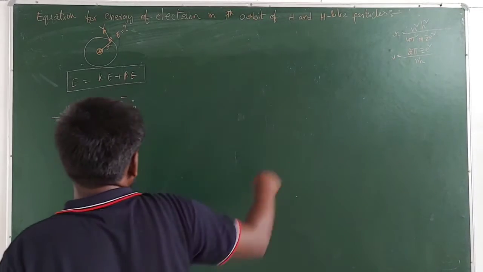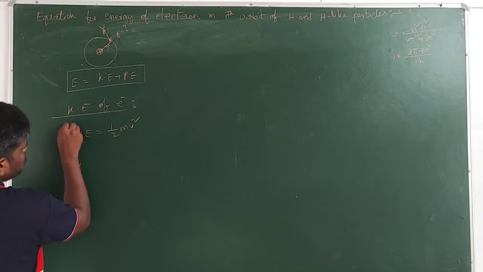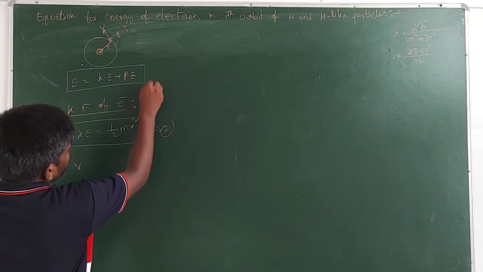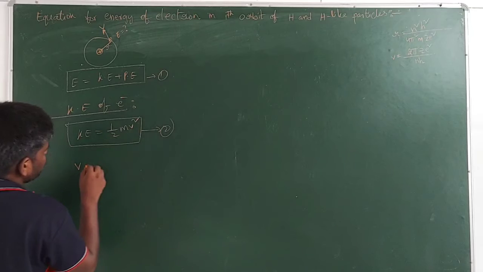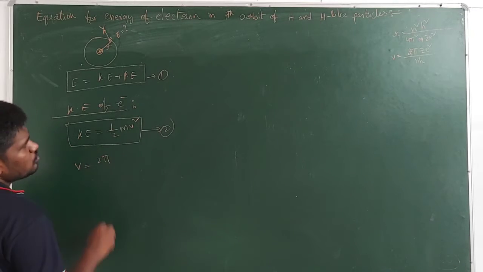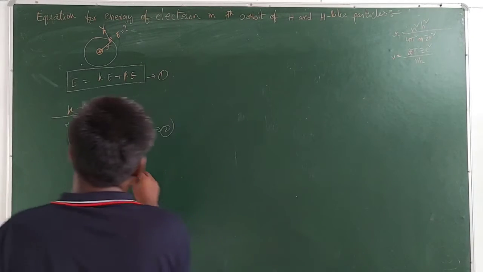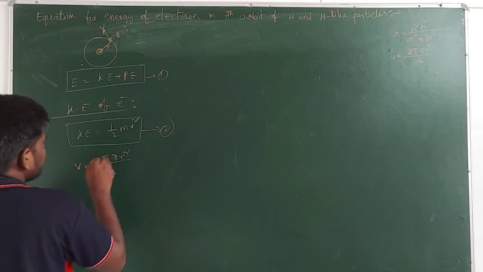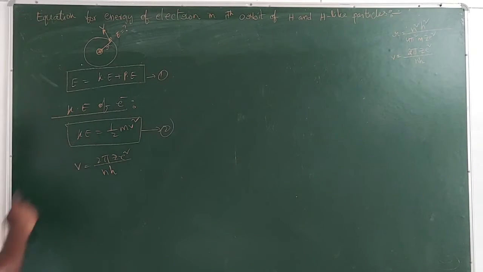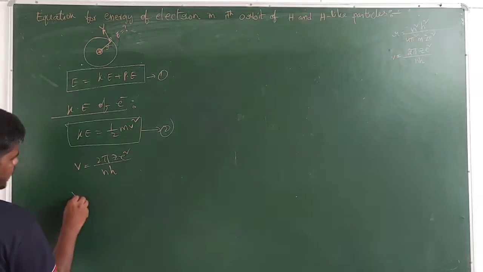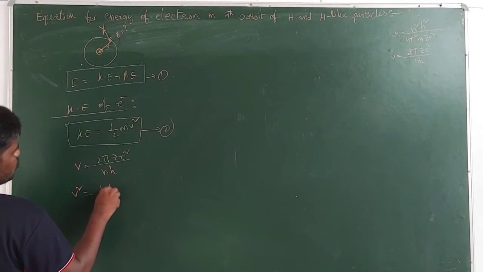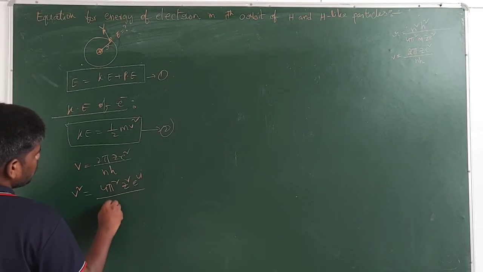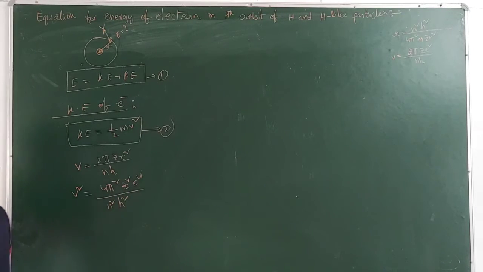So now first let me take the velocity. Take it as equation number 2. This is equation number 1. Velocity is equal to 2 pi ze square by nh. Now I want v square, so you make it square on both sides, then you will get v square is equal to 4 pi square z square e power 4 by n square and h square.